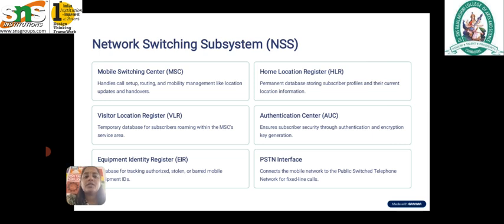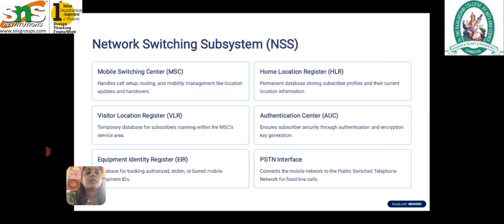Equipment identity register, where the database tracks or identifies authorized or stolen devices on the network with the equipment identity of the subscriber user. Home location register: whereas the visitor location register stores the temporary address, the home location register stores the permanent database address of the subscriber or the identity of the user of the mobile devices and the communication information.